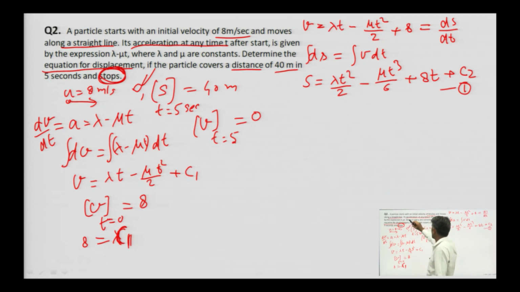Let us read again: a particle starts with initial velocity of 8 meter per second and moves along a straight line. Its acceleration at any time t after start is given by this expression, where lambda and mu are constants. Determine the equation for the displacement if the particle covers a distance of 40 meter in 5 seconds and stops.